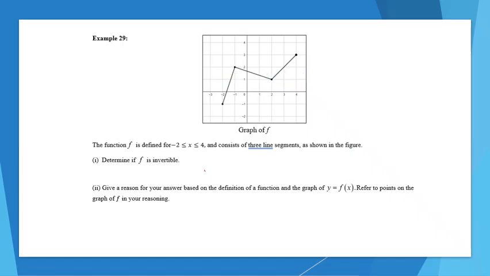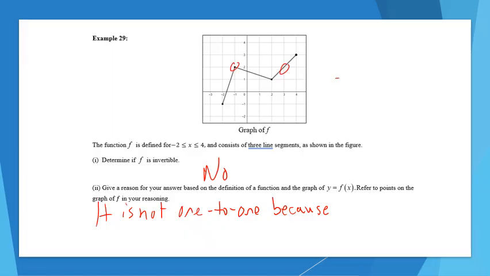So I'm going to say no. And then it is not 1 to 1 because, and then I want to find 2 nice integer coordinates. So right there and right there, negative 1, 2, and then 3, 2. So I could say because f of negative 1 equals 2 and f of 3 equals 2. And that would be enough there.